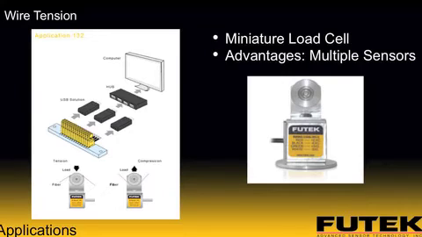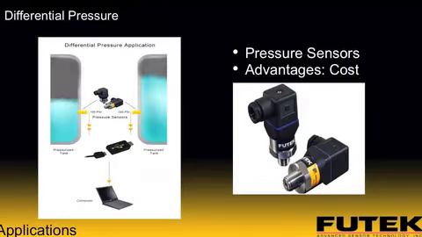Now, we've talked a little bit about load cell applications, so I'll switch here and provide an example of a pressure sensor. Here, we're measuring differential pressure, and we're using 2 different pressure sensors to measure 2 different medias. We use the software to subtract the measurement or show the difference between the 2 chemicals.